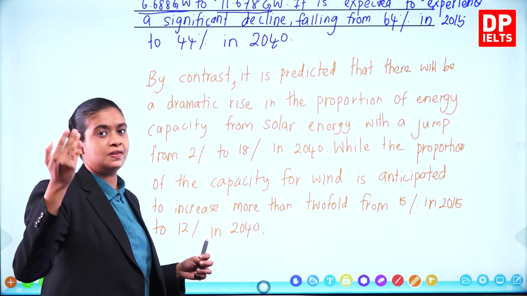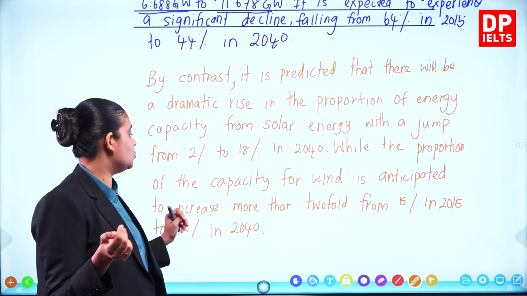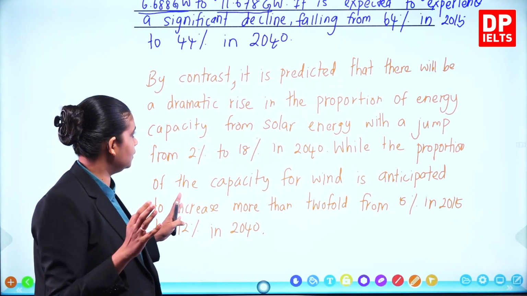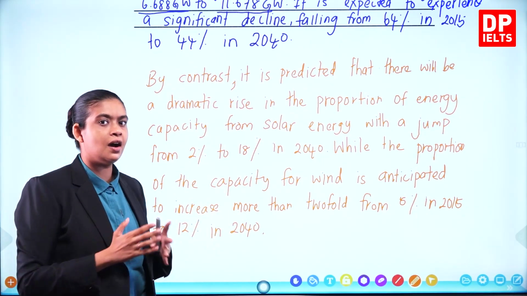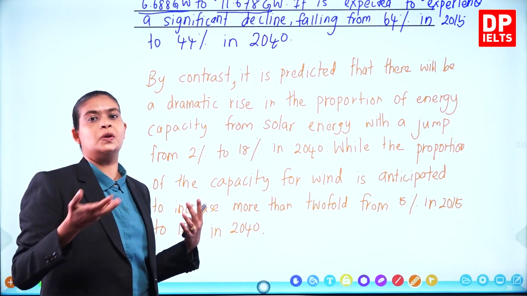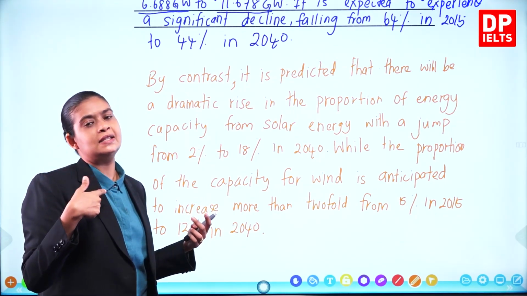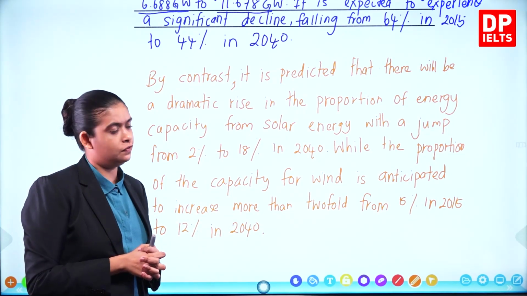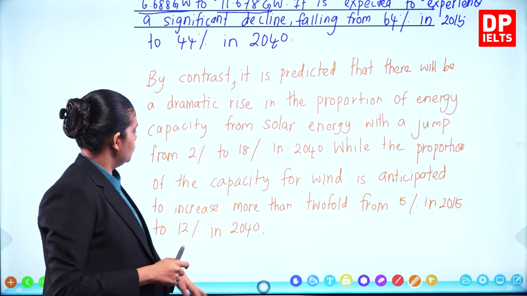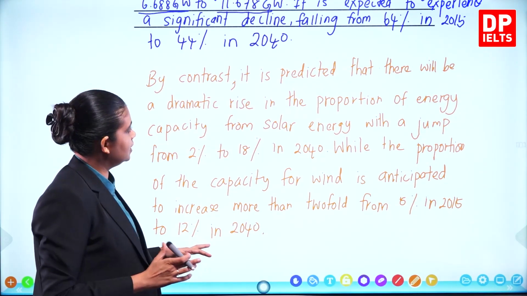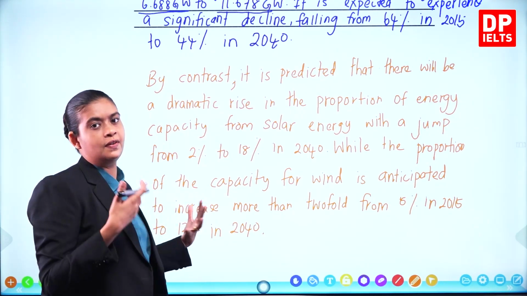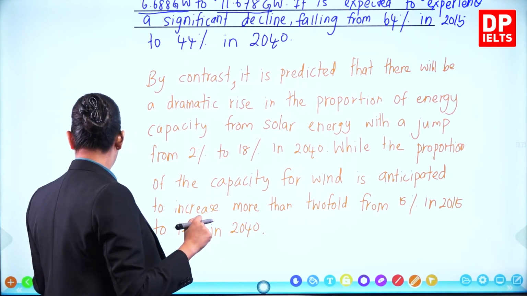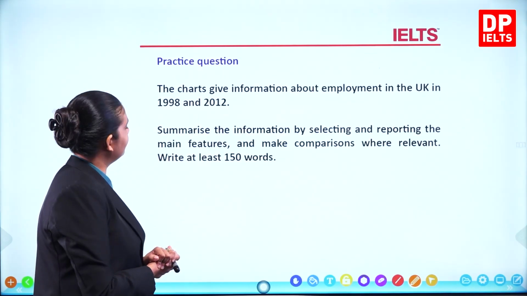Which is not 10%, but just more than that, to 12% in 2040. So I think that was a very clear answer, right? And that's what we picked up at the start when we were identifying the main features. So I think this is fairly a good answer, and it could help you to understand how to structure your answer. So let us have a look at the next one.